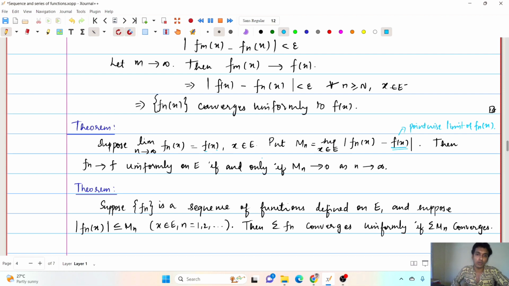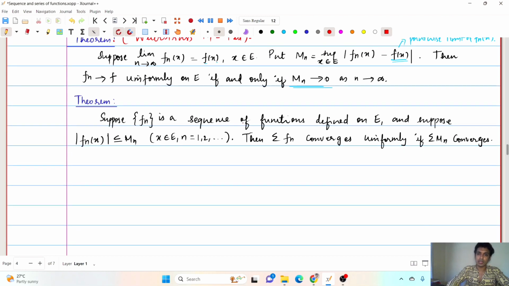if and only if this Mn converges to 0 as n approaches infinity. This is just an immediate consequence of the definition. This theorem is known as Weierstrass test for uniform convergence, Weierstrass M test.